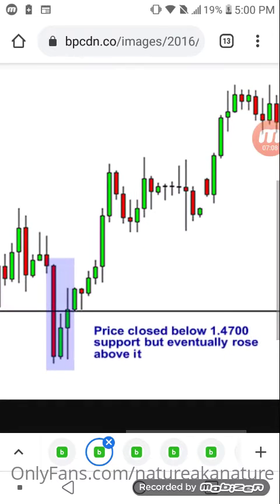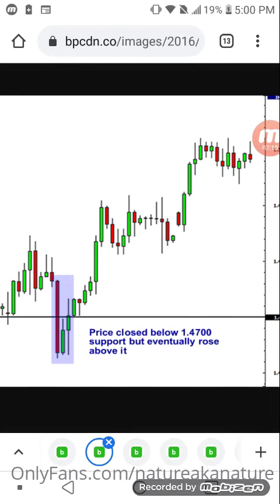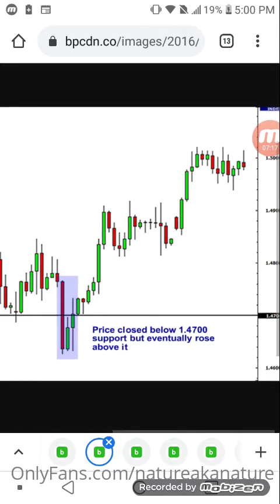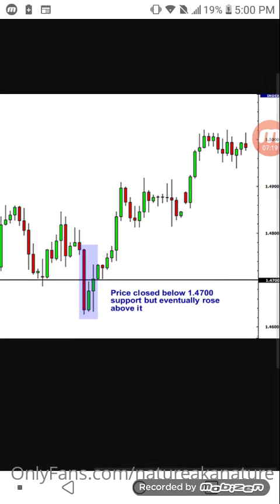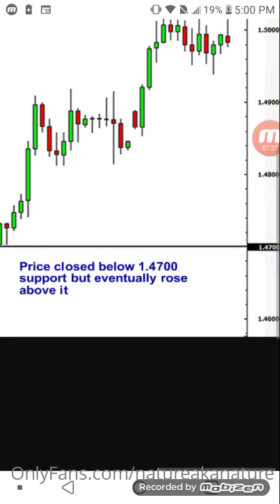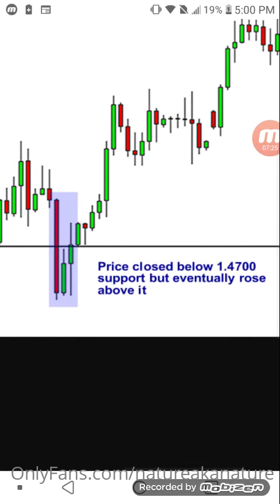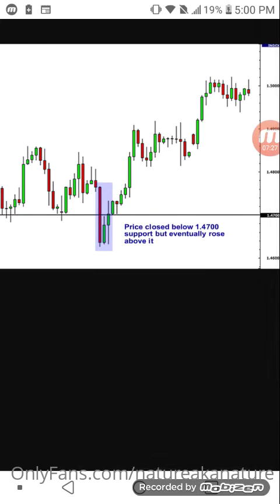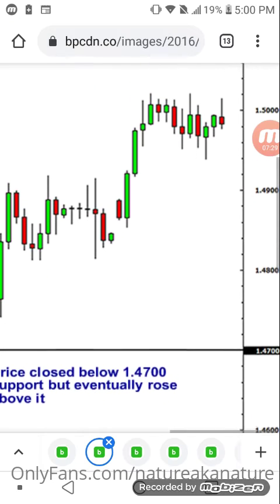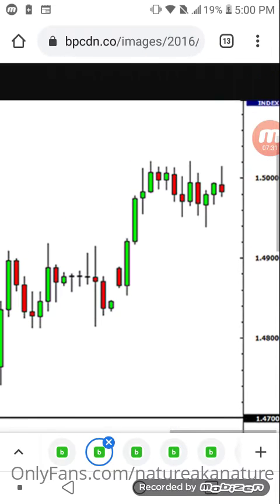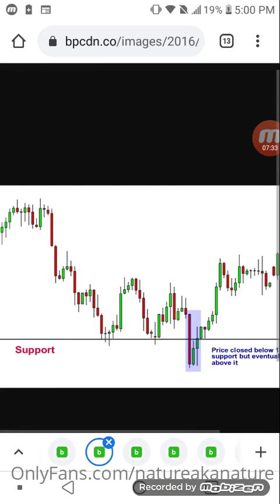We already ran over that in Japanese candlesticks, Fibonacci. So price closed below the 1.70 support, but eventually rose above it and wound up heading all the way back up to 1.500.